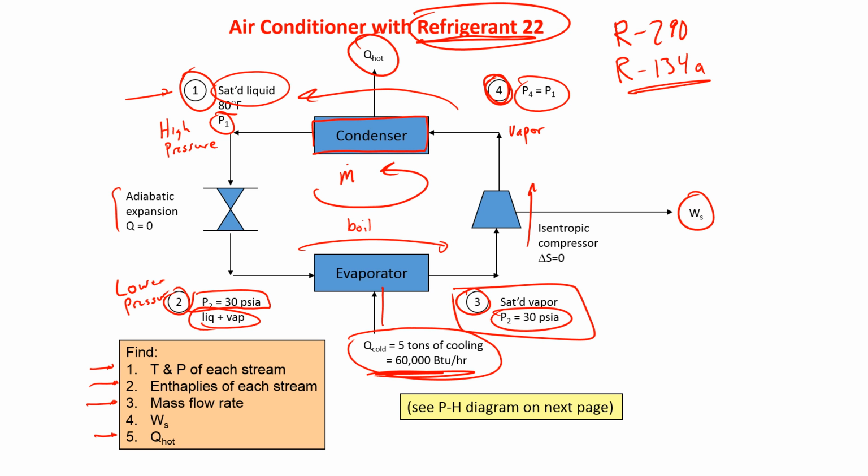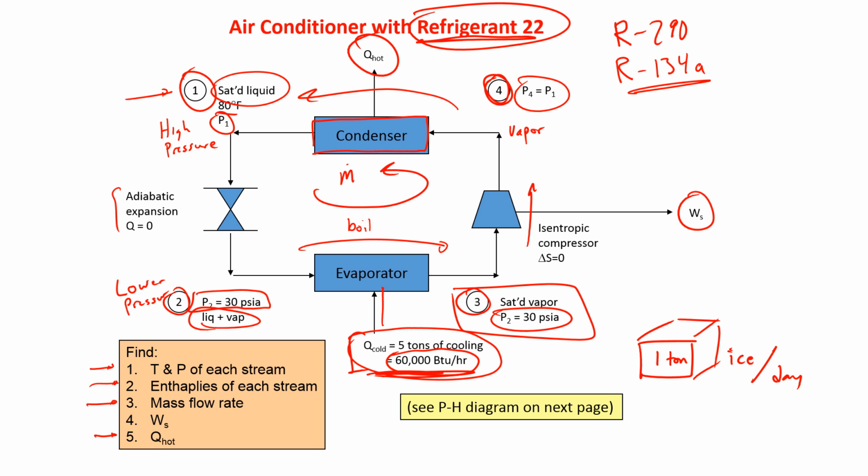Now we're given that we need to have 5 tons of cooling, which equals 60,000 BTUs per hour. A ton of cooling goes back historically to how much refrigeration you would need to make 1 ton of ice per day.